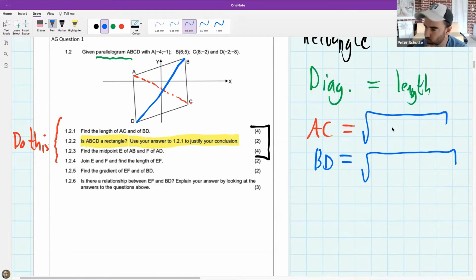Now, what do you get for the length of diagonal BD? Okay, so a lot of you are getting the square root of 233. I will show you full working in a second, but just for the moment, that is correct.